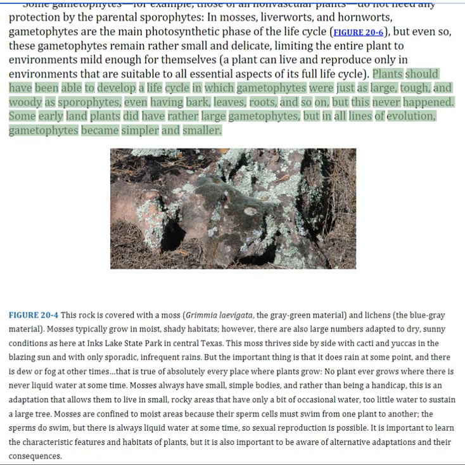Plants should have been able to develop a life cycle in which gametophytes were just as large, tough, and woody as sporophytes, even having bark, leaves, roots, and so on, but this never happened. Some early land plants did have rather large gametophytes, but in all lines of evolution, gametophytes became simpler and smaller.